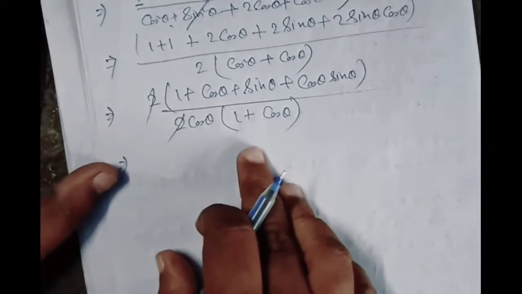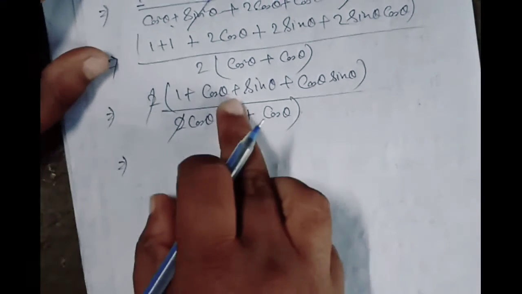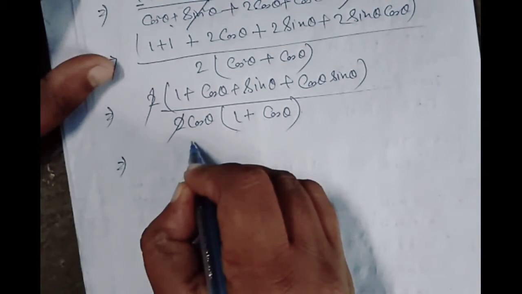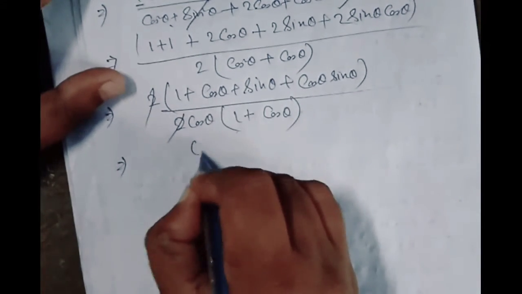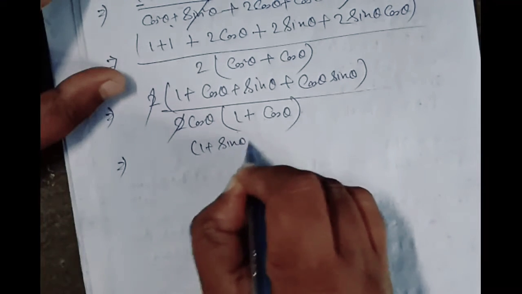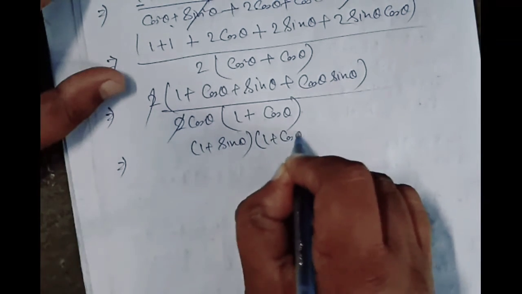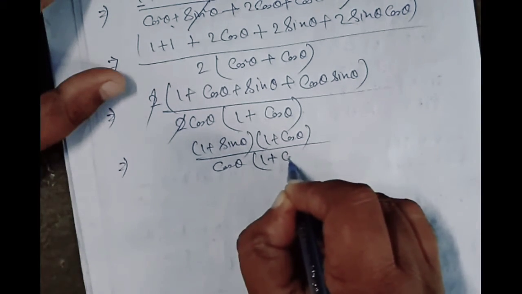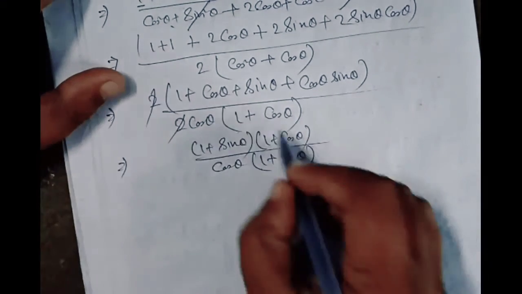This can be cancelled out. Now this can be written in the form of (1 plus sin theta)(1 plus cos theta) by cos theta (1 plus cos theta). So this can be cancelled out.